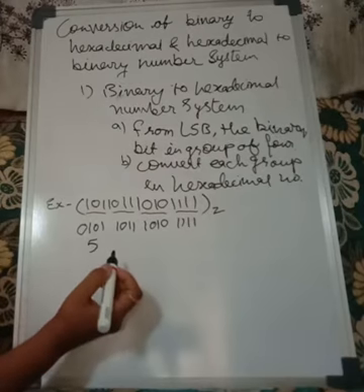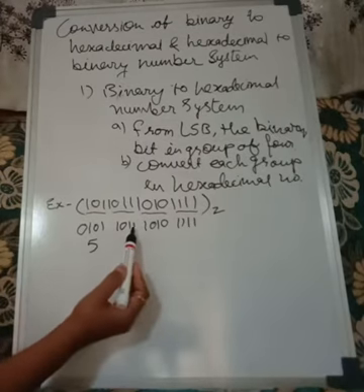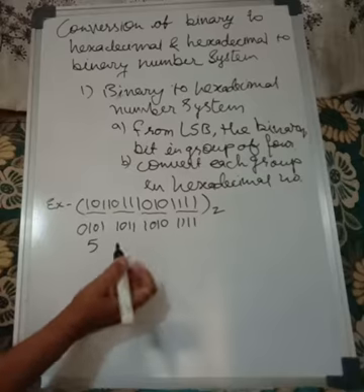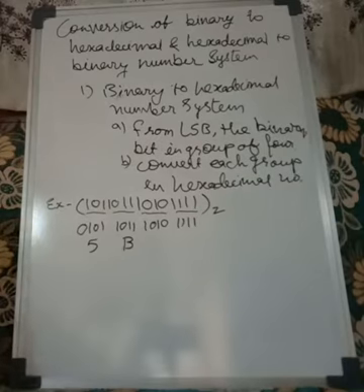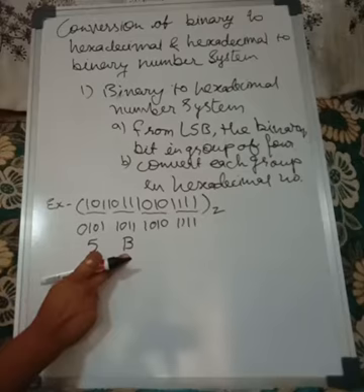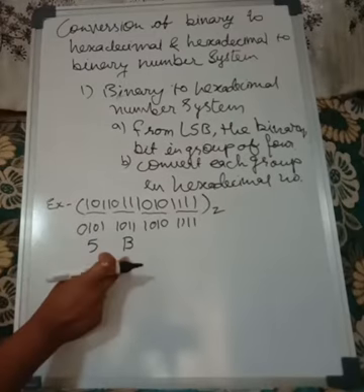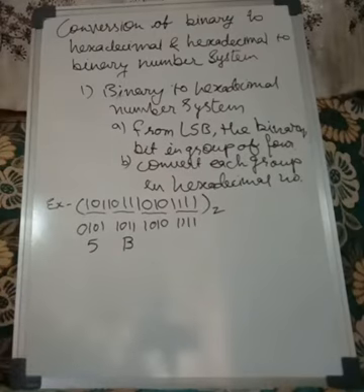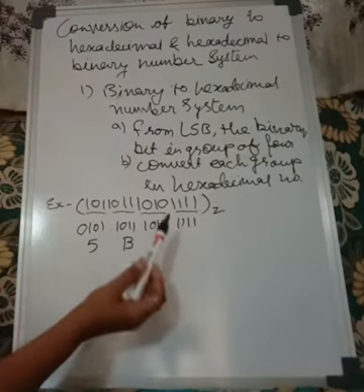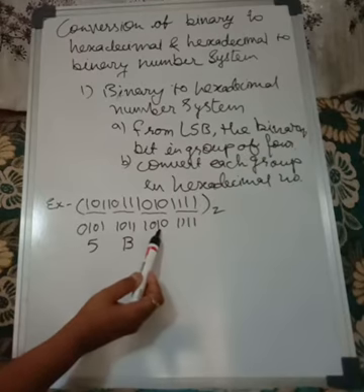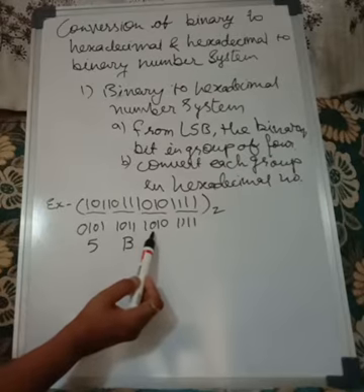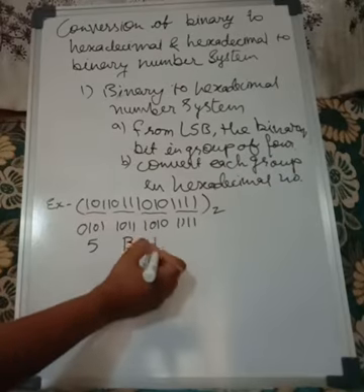Okay, then this will be 1 plus 2 plus 8, 8 plus 2 is 10, plus 1 is 11, and 11 means B. Okay, we know that from 0 to 9 digits are there, and 10 is A and 11 is B. Okay, then again here 2 to the power 0, 2 to the power 1 is 2, 2 to the power 2 is 0, and then 2 to the power 3 means 8, 8 plus 2 is 10, and 10 means A.